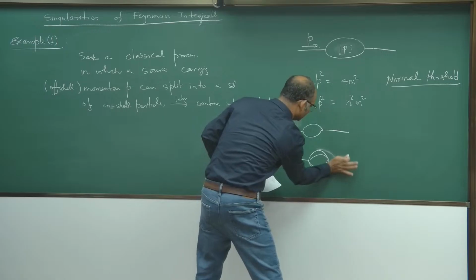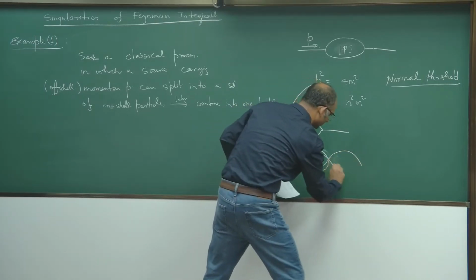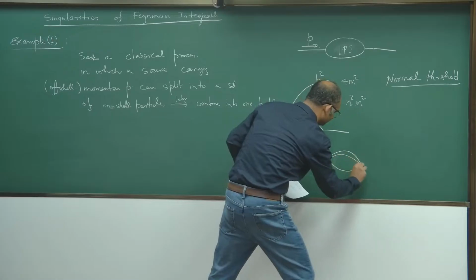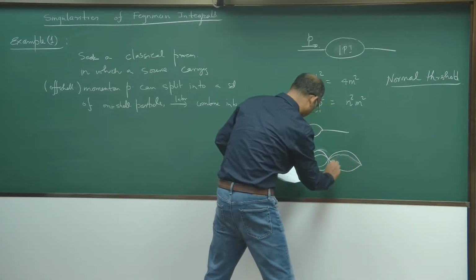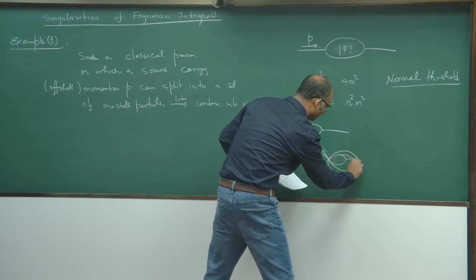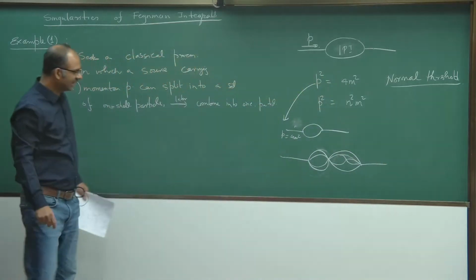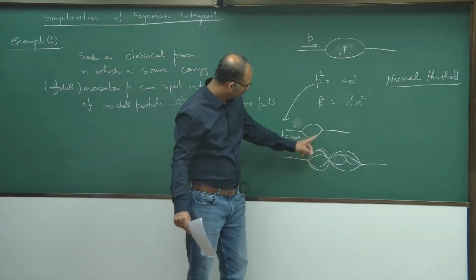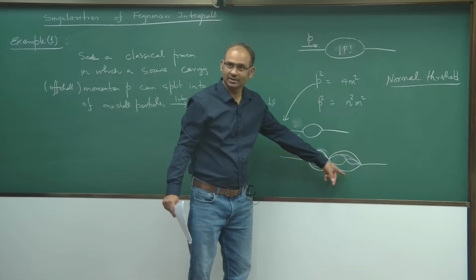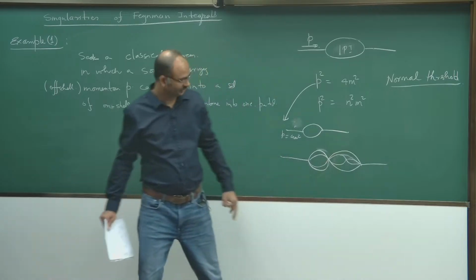And then you can have this. Okay, that's also possible. So you could have a reduced diagram like this, and at every stage you should have 4 lines, otherwise your constraints will not be satisfied.